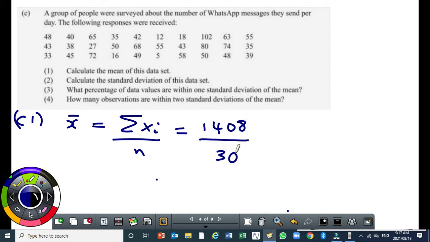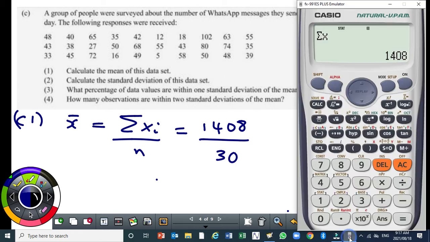Now you don't need to use your calculator and put 1,408 divided by 30. Your calculator also has the answer for the mean. So you go to your calculator, shift, then 1. Now we want to retrieve the mean. The calculator has got it. You go to number 4, VAR.